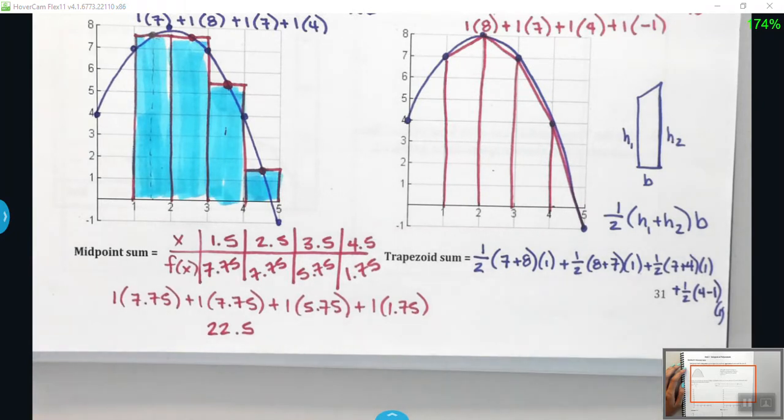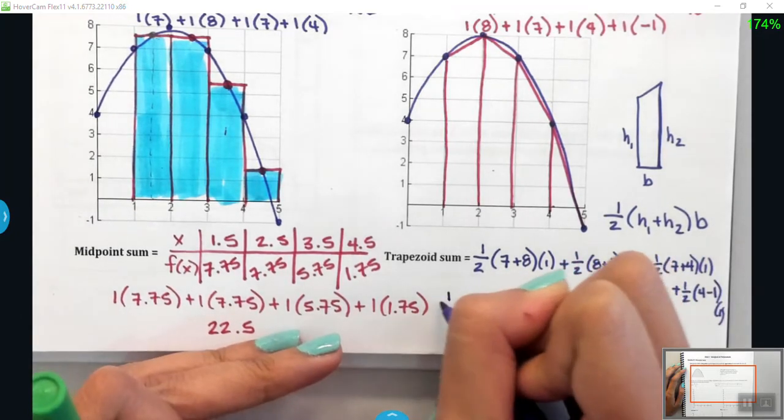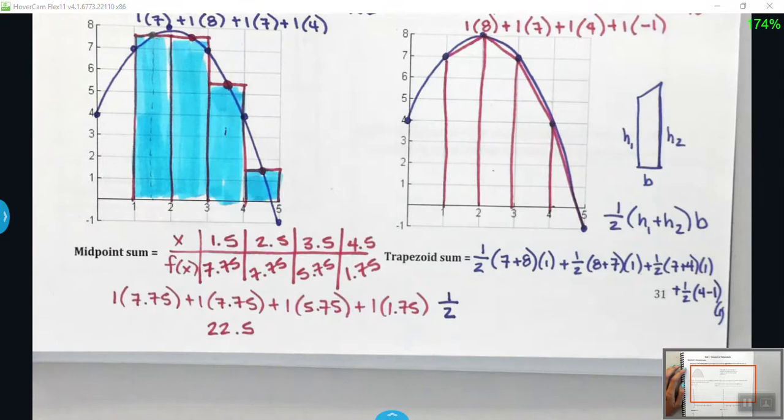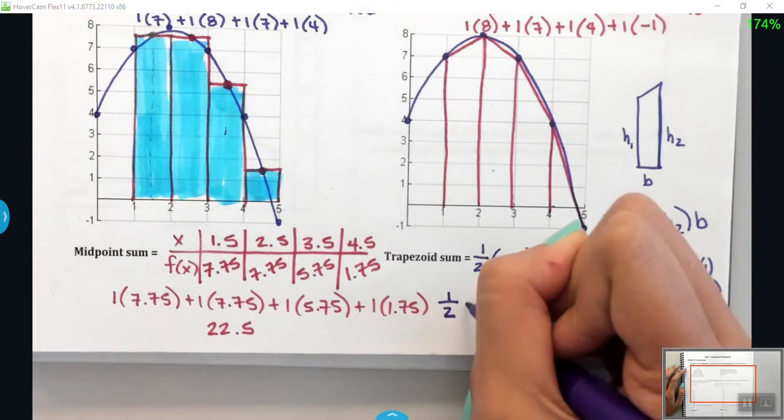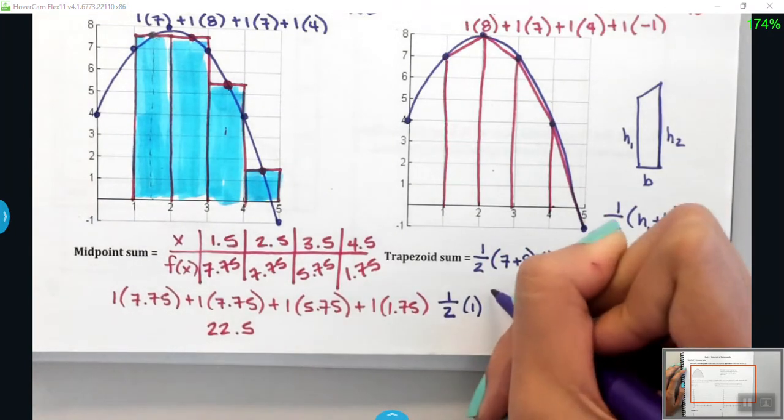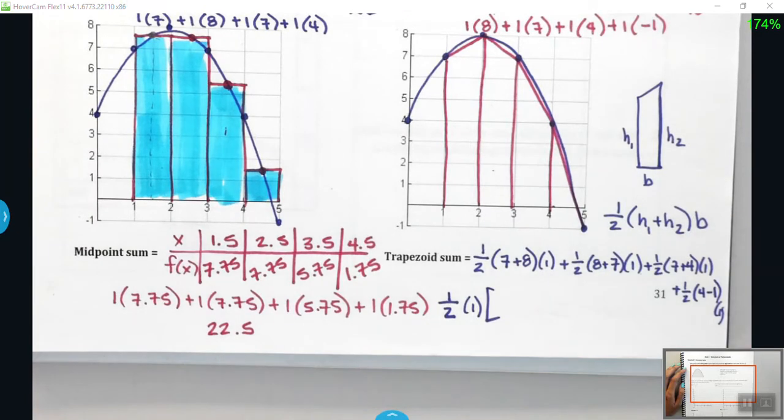Okay. Are you with me? Yeah? Okay. Another way to write it is, the 1/2 is on each one of them, so you could put the 1/2 on the outside for the trapezoid. The 1, the delta x, is also the same for all of them, so you could put the 1 on the outside. And then take a look at all of the rest of the numbers. This is only if you have equal intervals.